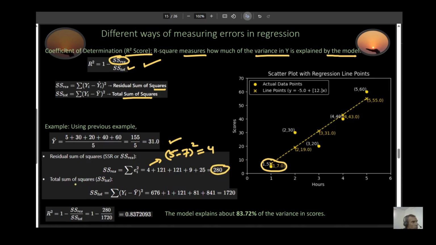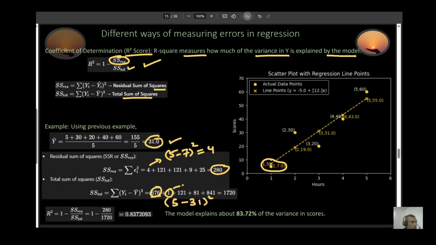Now let's calculate the total sum of squares. In this case, I'm taking each point and subtracting it from the mean. So let's look at this one. My first point was 5, and my mean value of y is 31. So 5 minus 31, and you square this term, and your answer will come out to be 676. Let's look at this one.